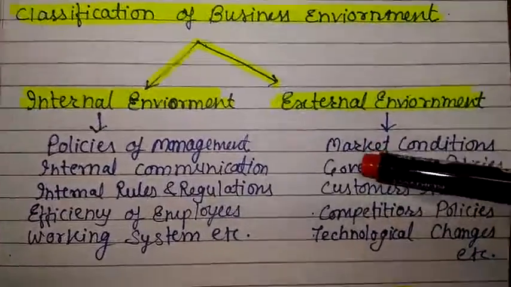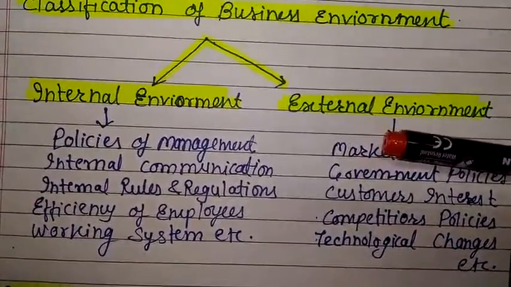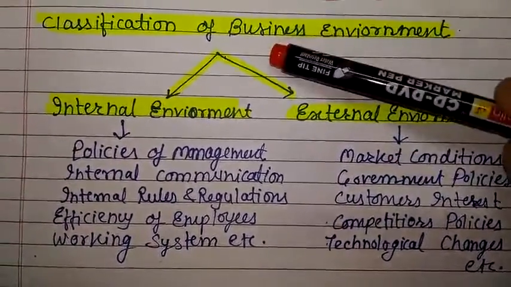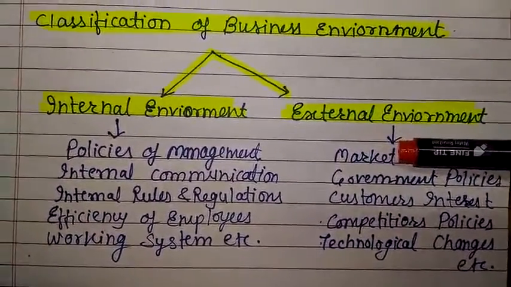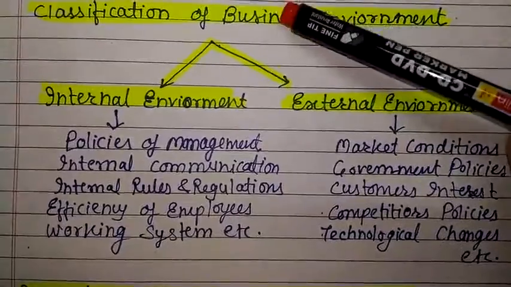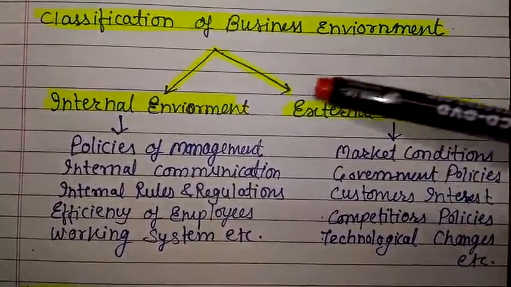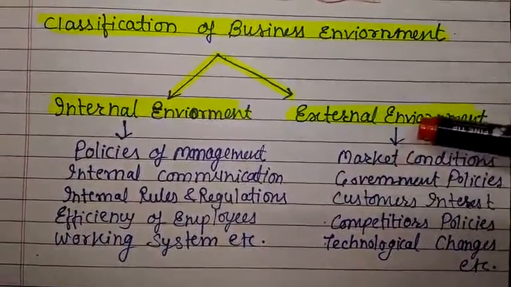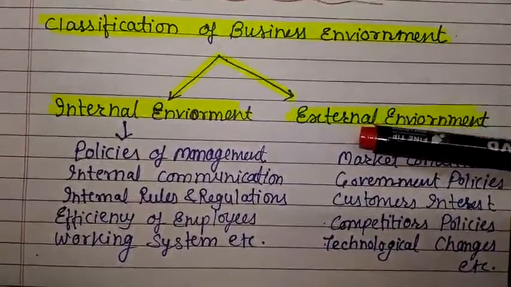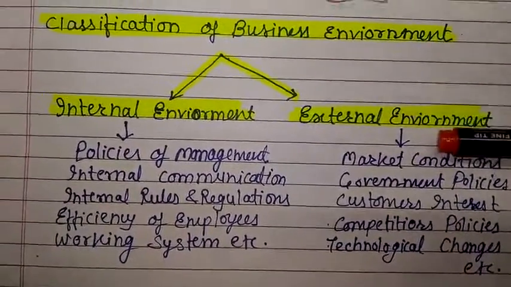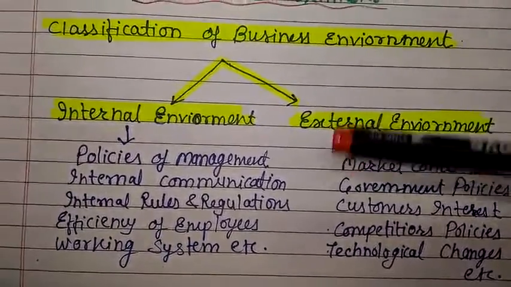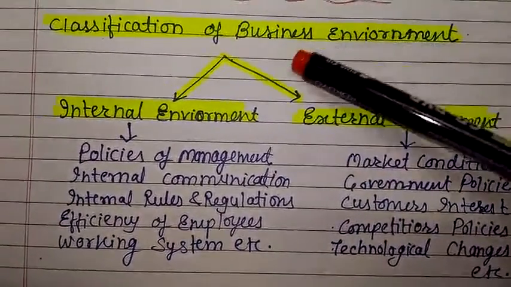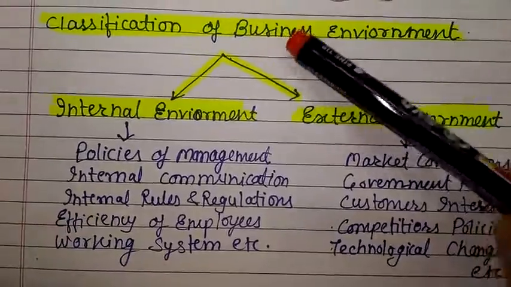But external environment is that type of environment which is not in the control of the business, which is beyond the control of the business and cannot be affected by it. It is totally out of the range of the business, and is affected by factors outside the boundaries of the business.